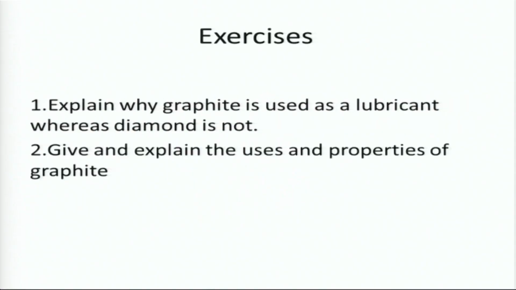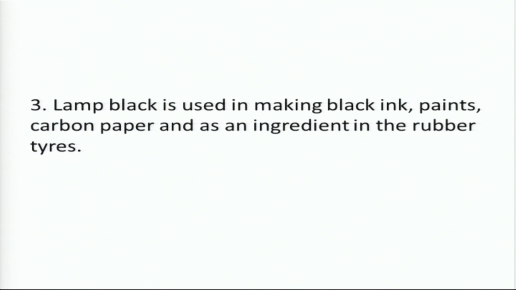So we have lamp black. Lamp black is used in making black ink, paints, carbon paper, and as an ingredient in rubber tires, and it is also among the amorphous carbons.